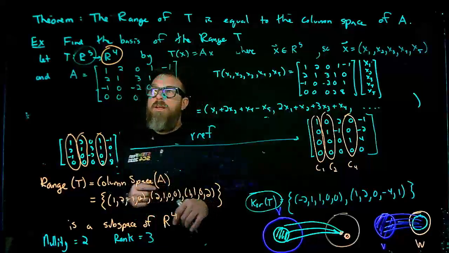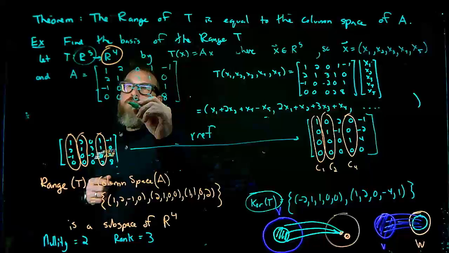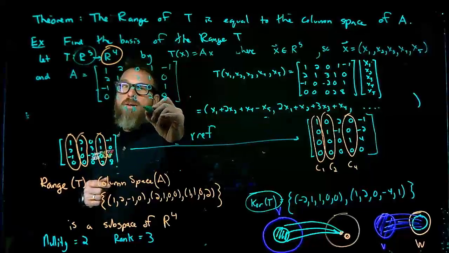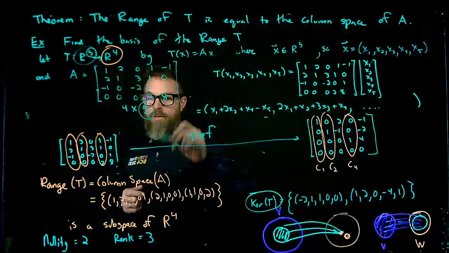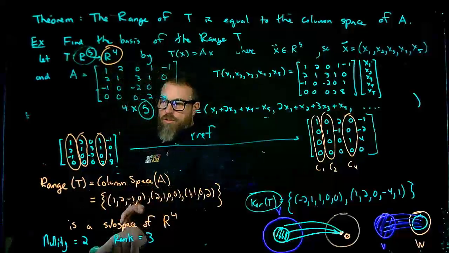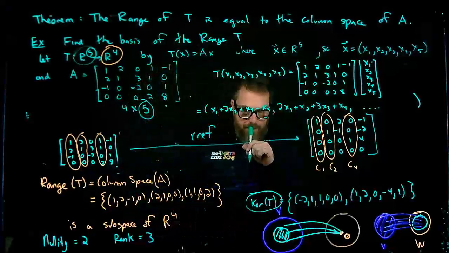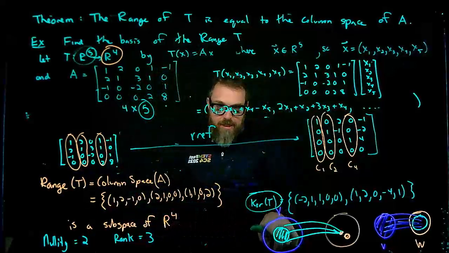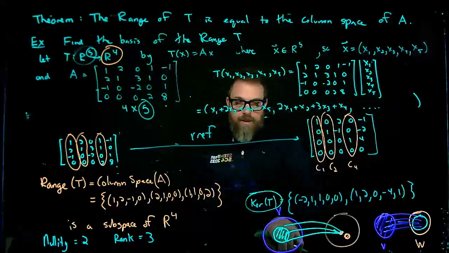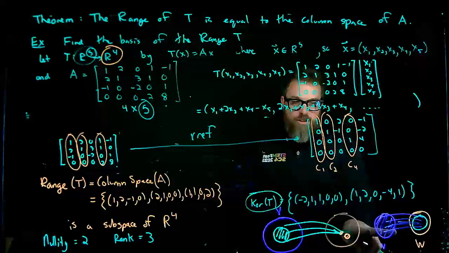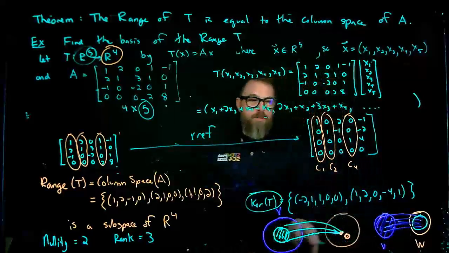And this is an M by N matrix, so this is a 4 by 5 matrix. So 5 is what I'm actually looking at here, that 2 plus 3 is equal to 5. So it's kind of neat that the kernel has dimension 2, and that means the rest of it would have to spit out to a dimension 3, because all of this is 5-dimensional.